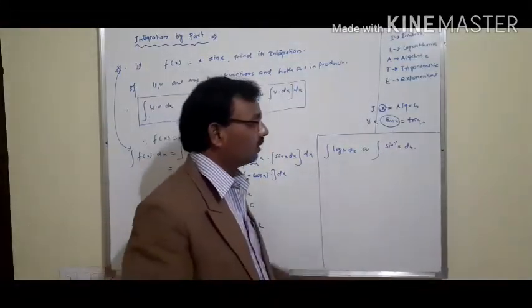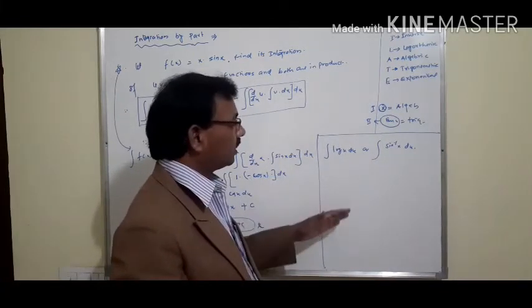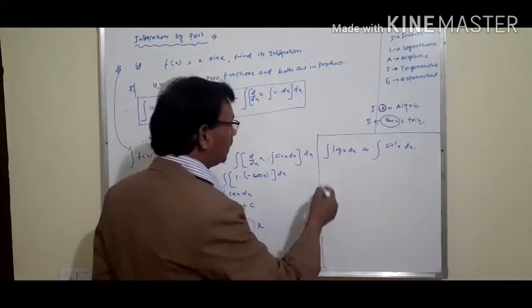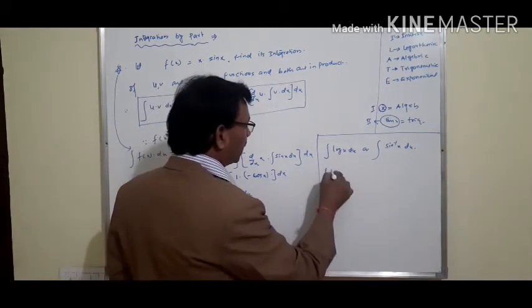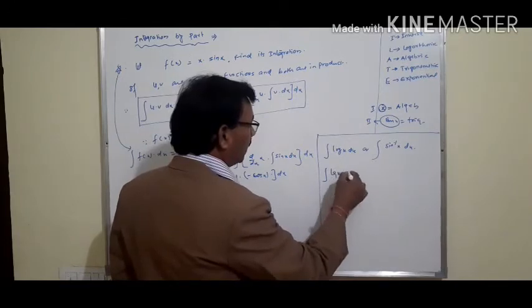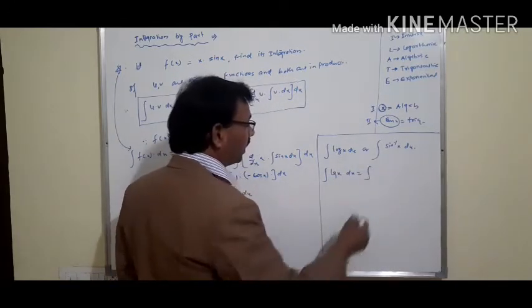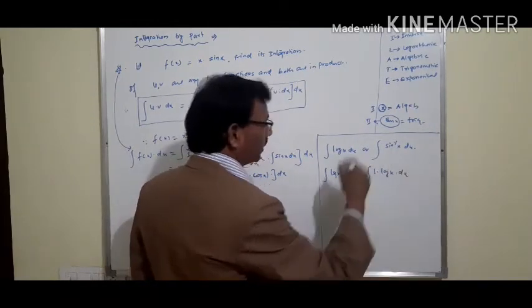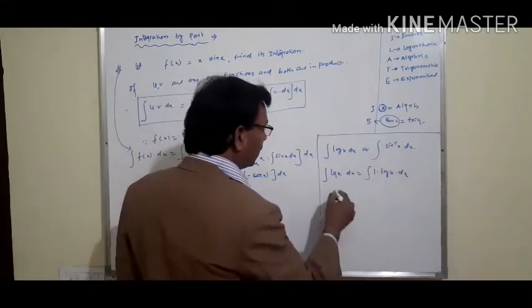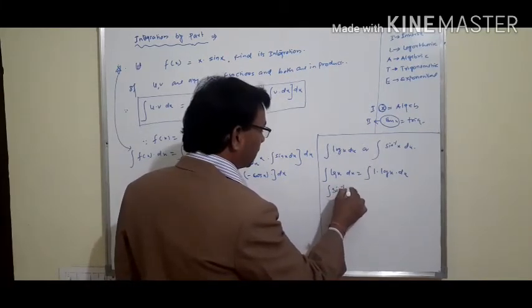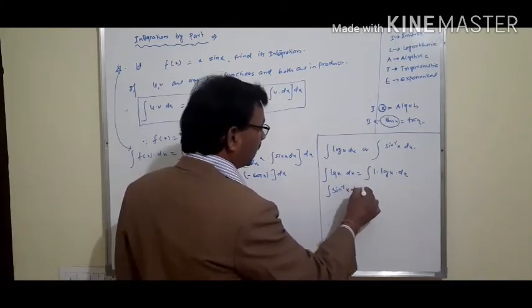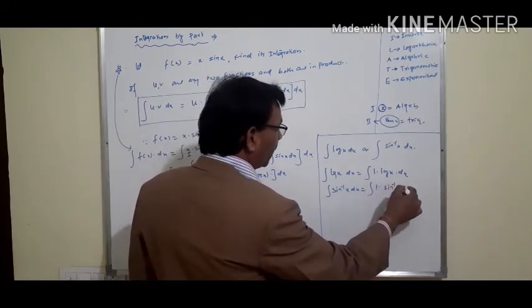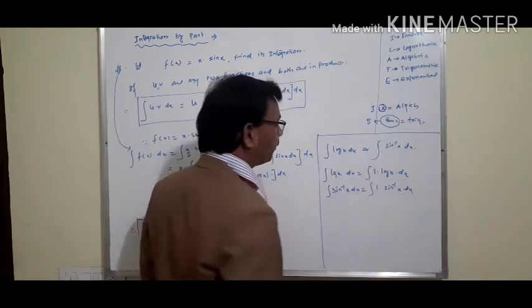In this situation, in every question we should multiply by 1. Like this, if we want to find the integration of log of x dx, then we should write 1 into log of x into dx. Or the integration of sine inverse of x dx equals the integration of 1 into sine inverse of x dx.